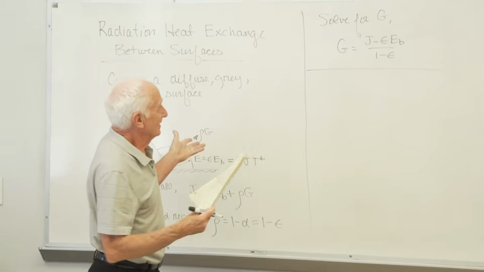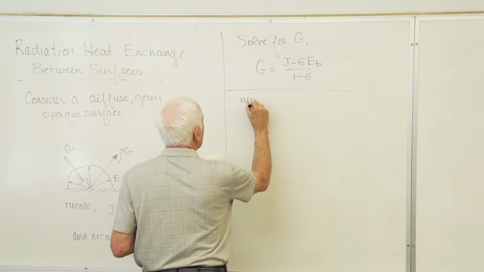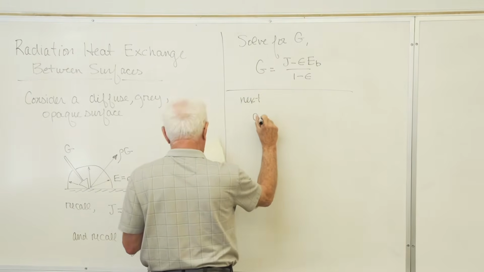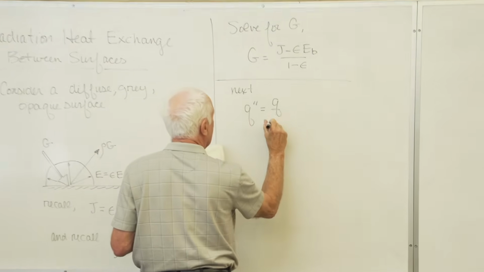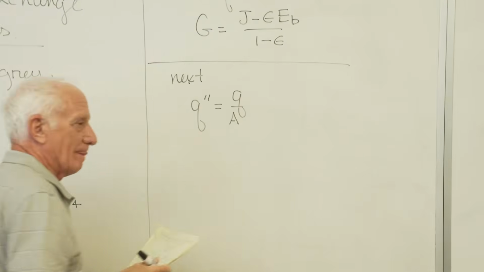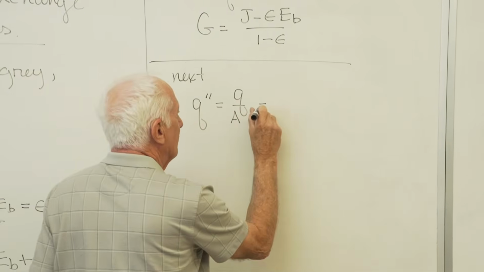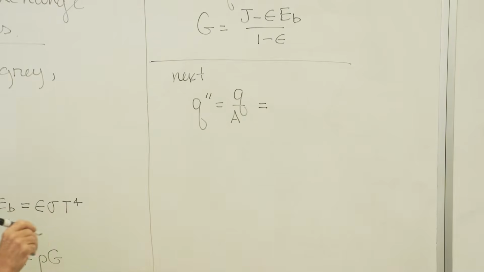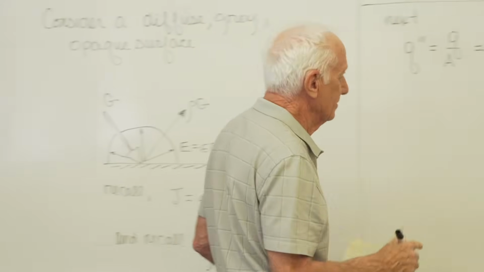The next step is to look at Q double prime, which is Q over A. We remember from chapter 12 that Q double prime is the net radiation leaving a surface. The net means minus.